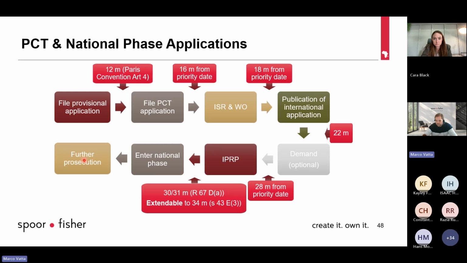So if they filed in Europe and South Africa, they'll often wait for examination to take place in Europe to see what objections have been raised before they allow the South African application to proceed to grant. So if any novelty issue is picked up during examination in another country, they then have an opportunity before grant to introduce any amendments into South Africa to ensure that the patent is in a valid form.